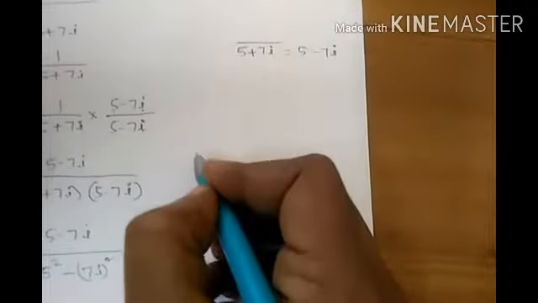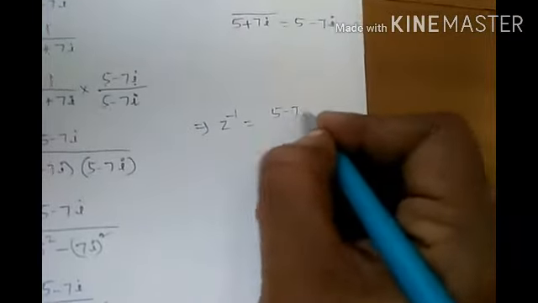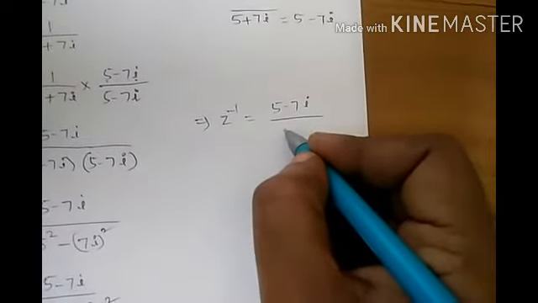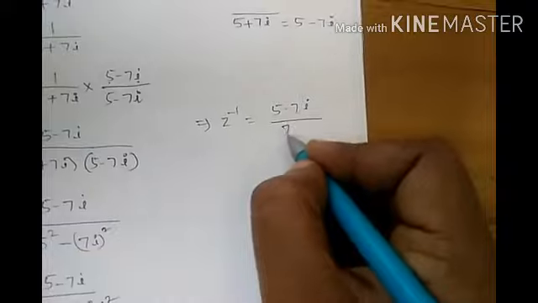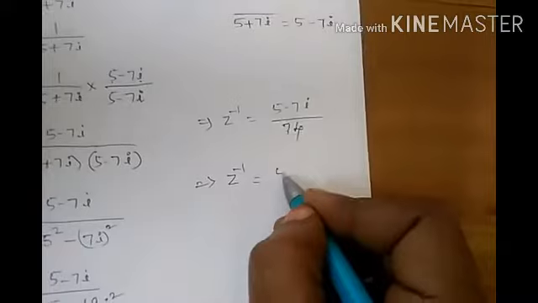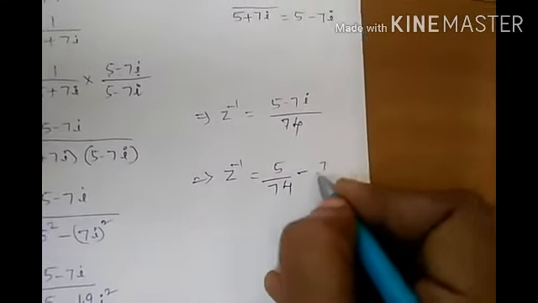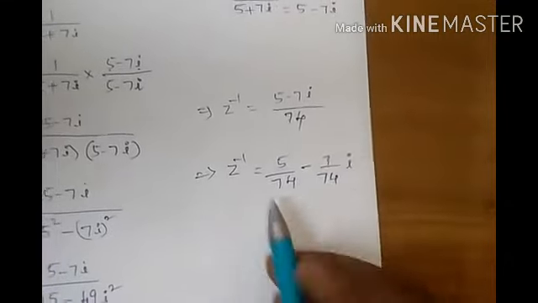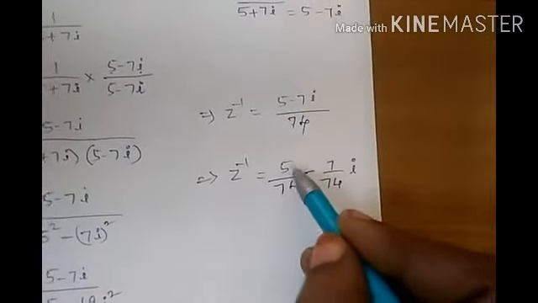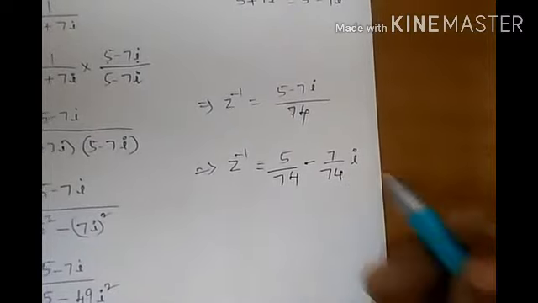That implies Z inverse equal to 5 minus 7i by 74. Now Z inverse equal to 5 by 74 minus 7 by 74 into i. Now it is in the form of a plus ib: 5 by 74 makes the real part and minus 7 by 74 makes the imaginary part.